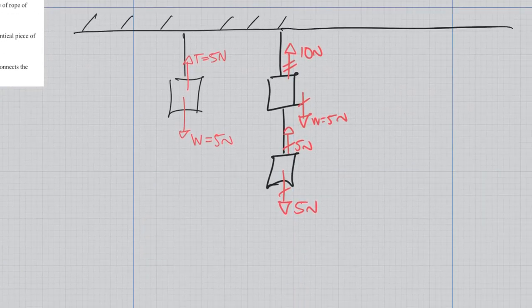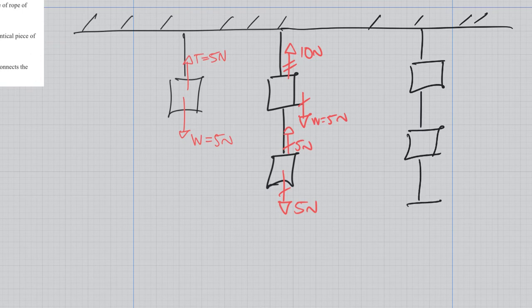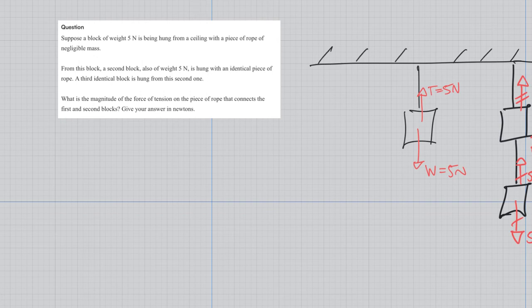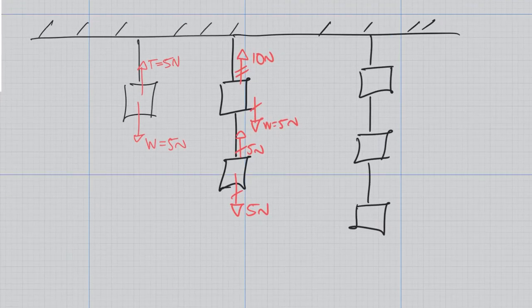Now, if we keep going, and now we have our third object that is being hung. 1, 2, 3. And our question simply asks, what is the magnitude of the force of tension on the piece of rope that connects the first and second blocks? So we are looking for the tension on our blue rope here. We'll make that one blue. So what are the weights?